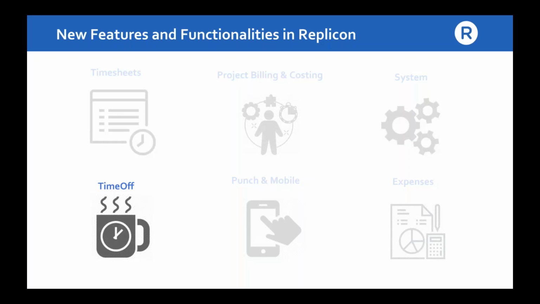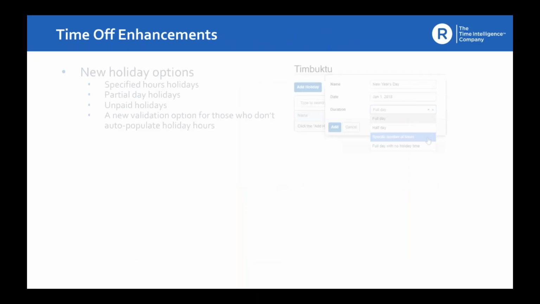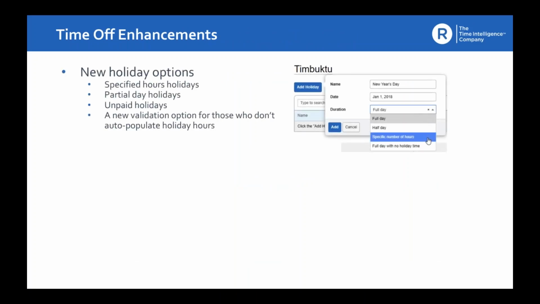Now, coming to time off enhancement, this is specific to customers who currently have time off module available in their instance. We've added new holiday options to provide greater flexibility to users when they're submitting for time off.